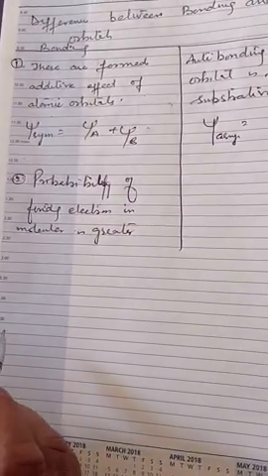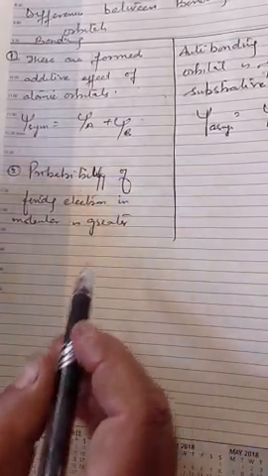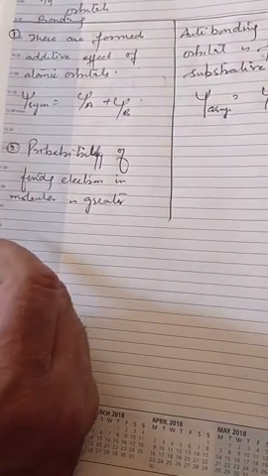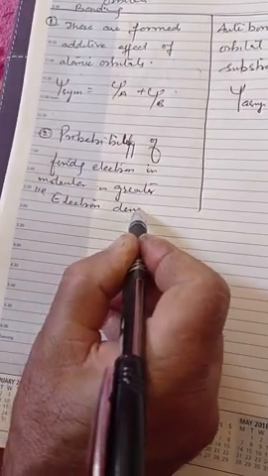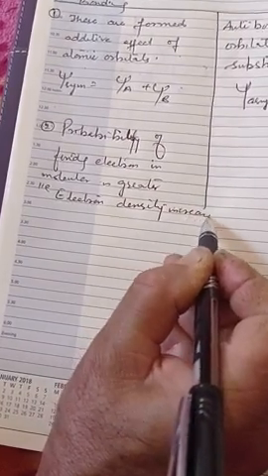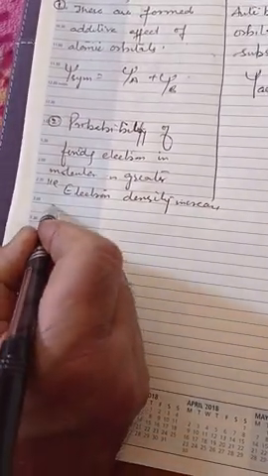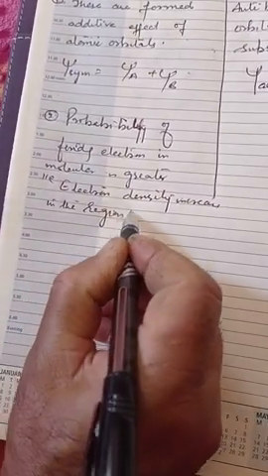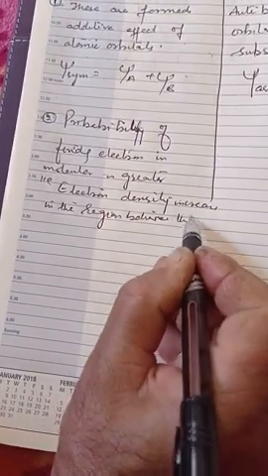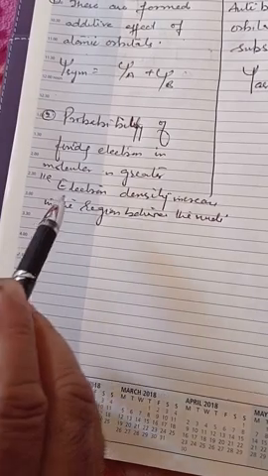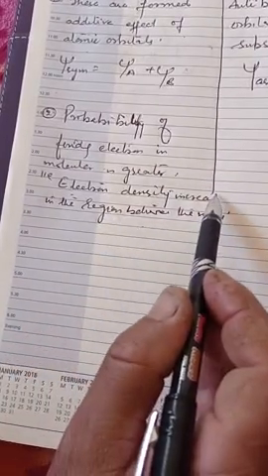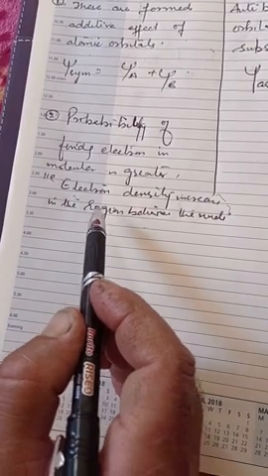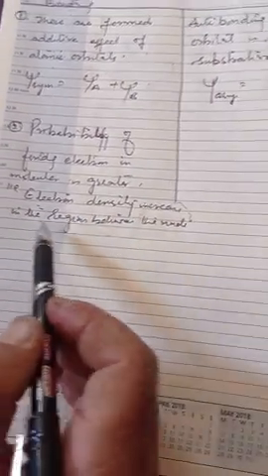That means the electron present in the bonding orbital, the electron density increases in the region between the nuclei. जैसा आपने पढ़ लिया कि probability of finding the electron in the molecular orbital is greater, उसका मतलब है that electron density increases in the region between the nuclei of the two atoms. जो combining atoms उनके जो nuclei आपस में combine होते हैं, so जो नया molecular orbital बनता है, that is polycentric. तो इसमें electron density increases in the region between the two nuclei.